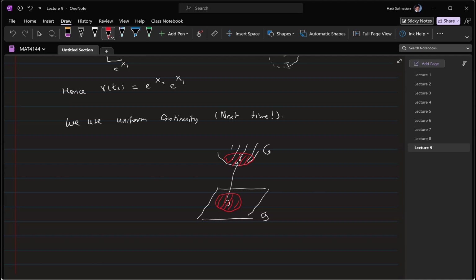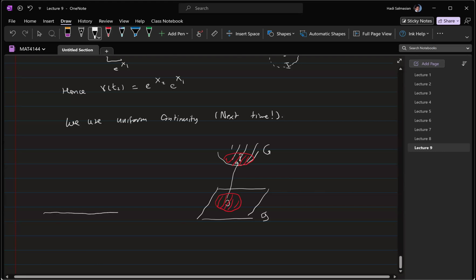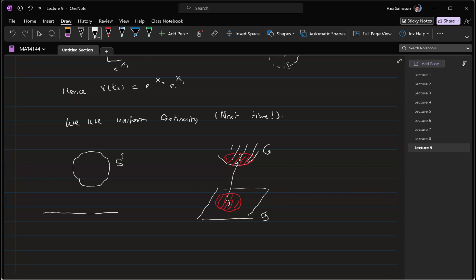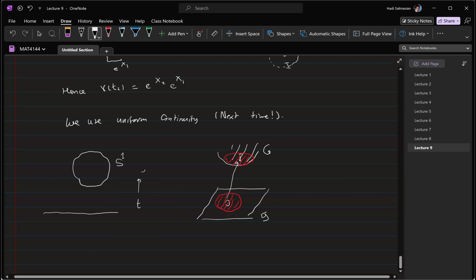And it might not even be injective, say in the case of the circle. If you consider your Lie group to be S1, the circle, it's a matrix Lie group, like rotation matrices. The exponential map takes any t to e to the it.